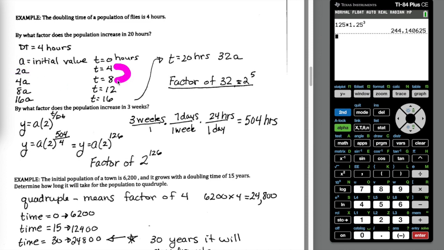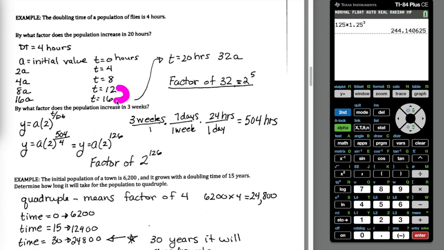Then if 4 hours passes again, so now I'm at 8 hours, that means this 2A is going to double. So 2A and 2A is 4A, so that gives me double again. If another 4 hours pass and I go from 8 to 12, then 4A is double and it becomes 8A.